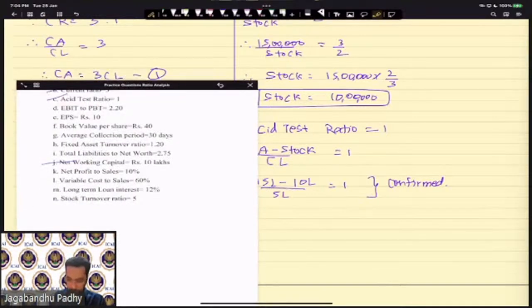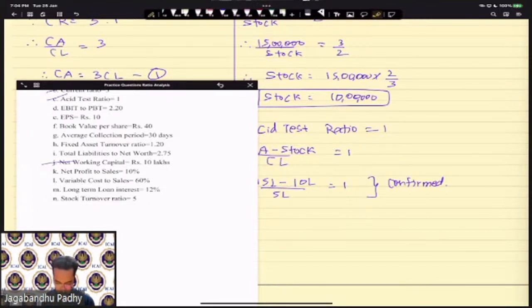Fixed asset turnover, again, we don't have fixed assets or the turnover. Total liabilities to net worth, again, we don't know where it is. Stock turnover, so all these things are in a situation where we can't calculate anything unless we get some other value.